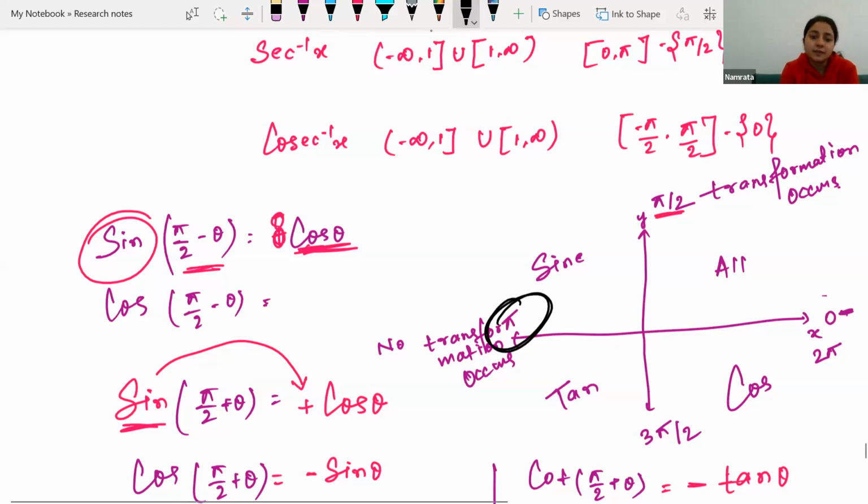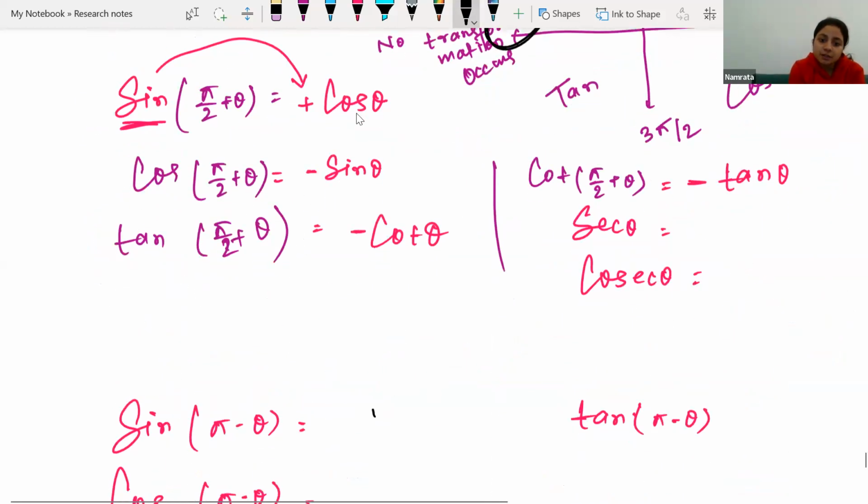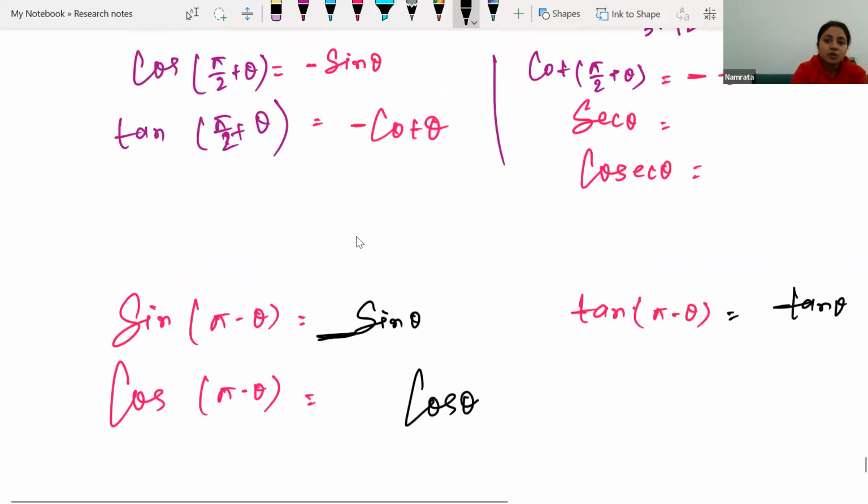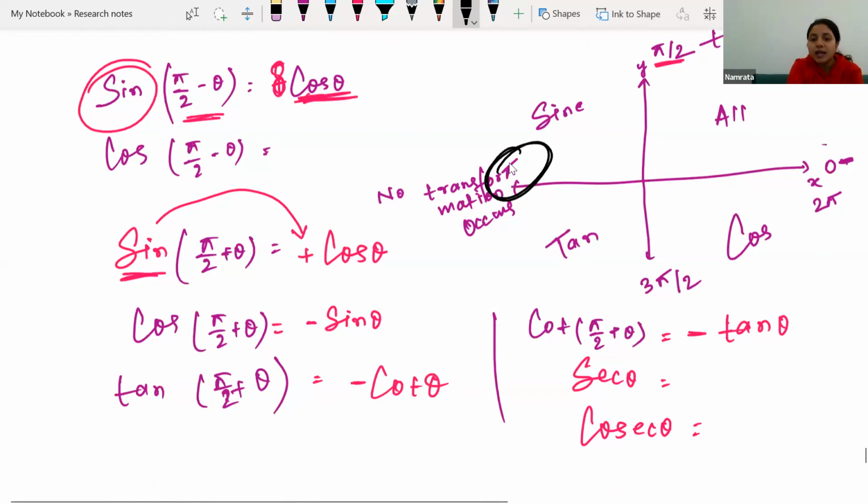But what about the sign? Sine will remain sine theta, tan will remain tan theta, and cos will remain cos theta. But what about the sign in front? Whether it will be positive sine theta or negative sine theta, positive tan theta or negative tan theta, positive cos theta or negative cos theta? So again, pi minus theta comes in the second quadrant.